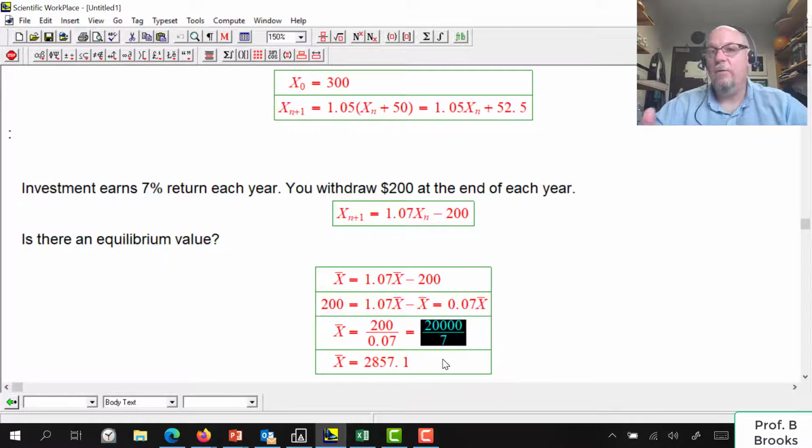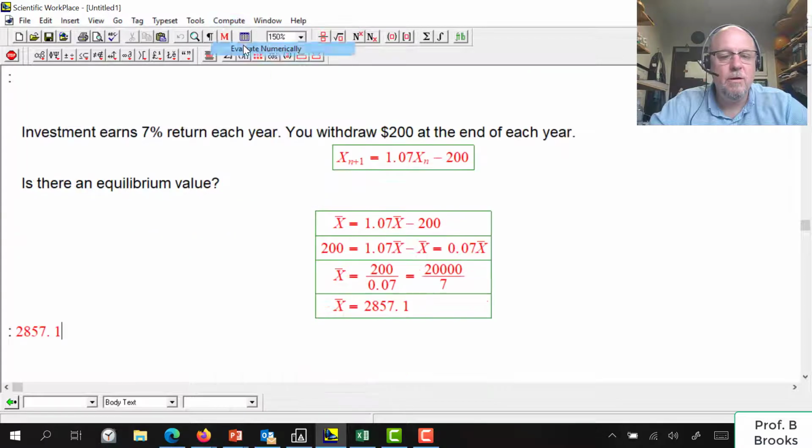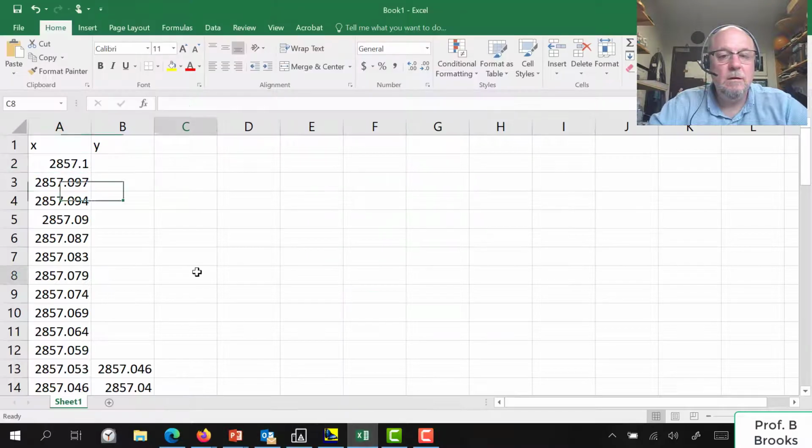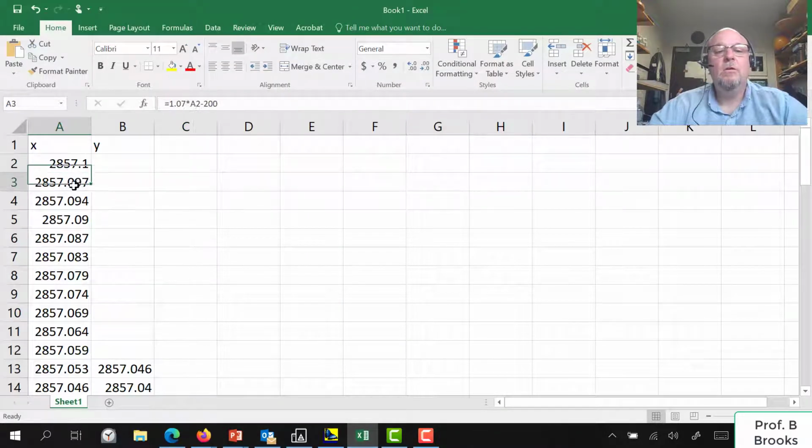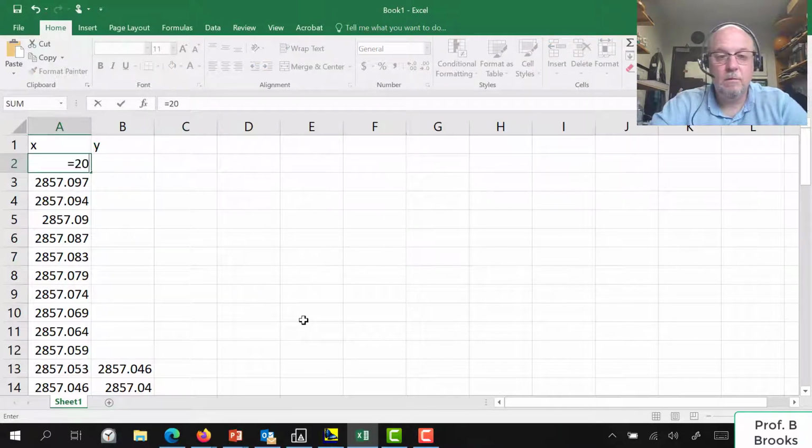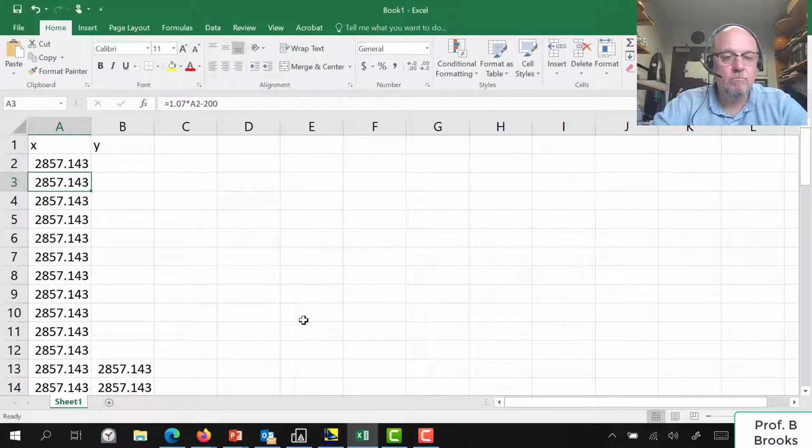It's a rational number, so I know it's going to have a terminating or repeating decimal. If I were to evaluate that numerically, yeah, it gives me that. Now I'm at equilibrium when I put in the exact rational number.